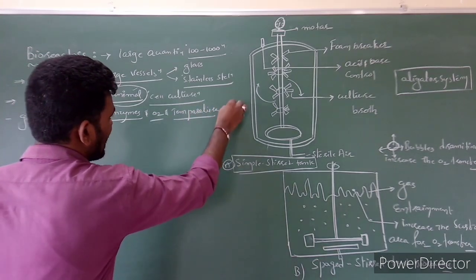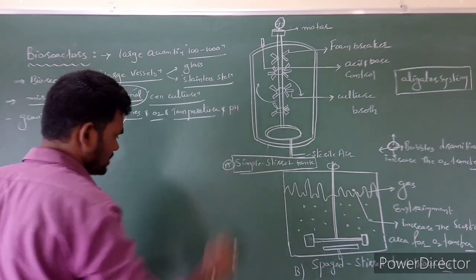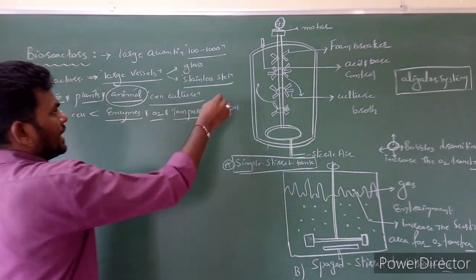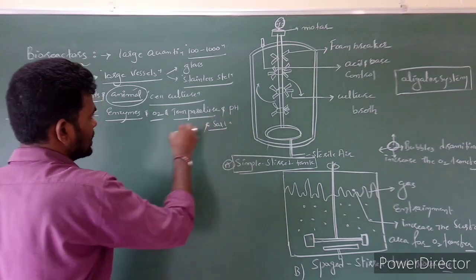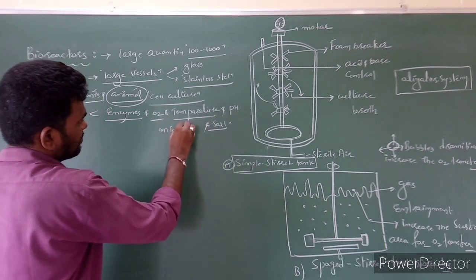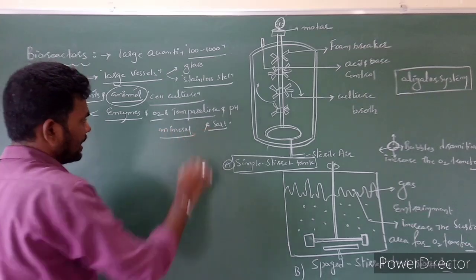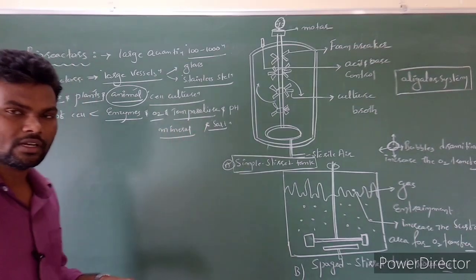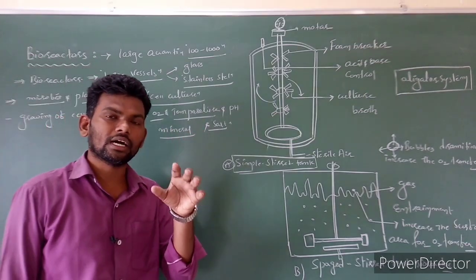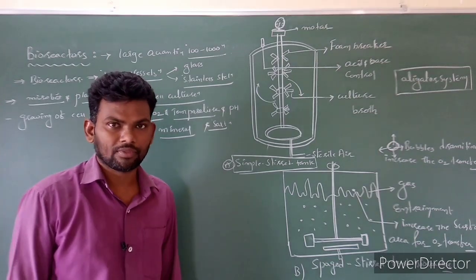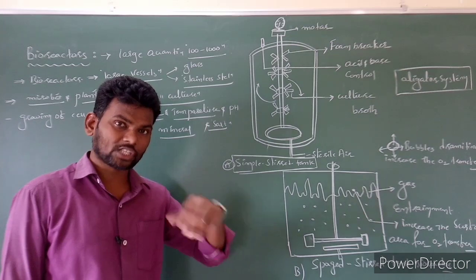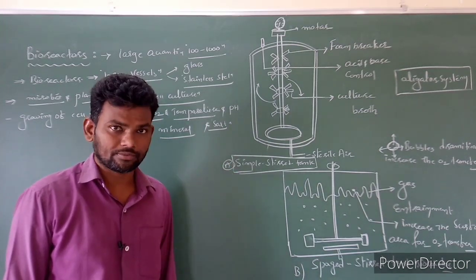We set the optimum temperature and pH, and also add some amount of salt as well as minerals. The concept is that we create the optimum conditions for growth of plant cells or animal cells, and optimum conditions for expression of the gene character also.